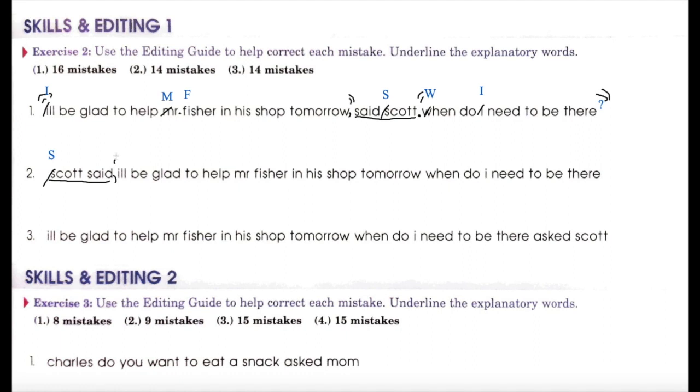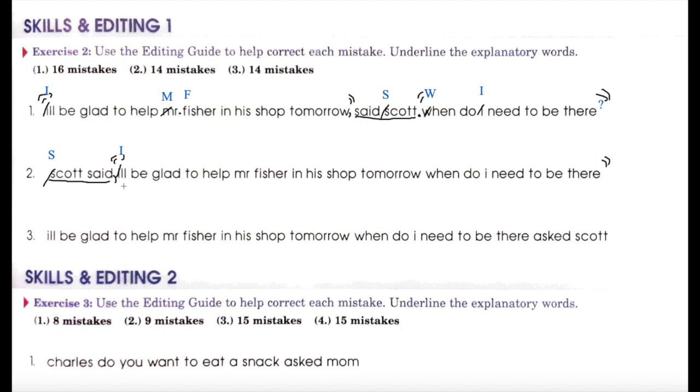Put quotation marks around your quote. Capitalize the first word inside the quote. I'll. Again, we need an apostrophe because we have a contraction.